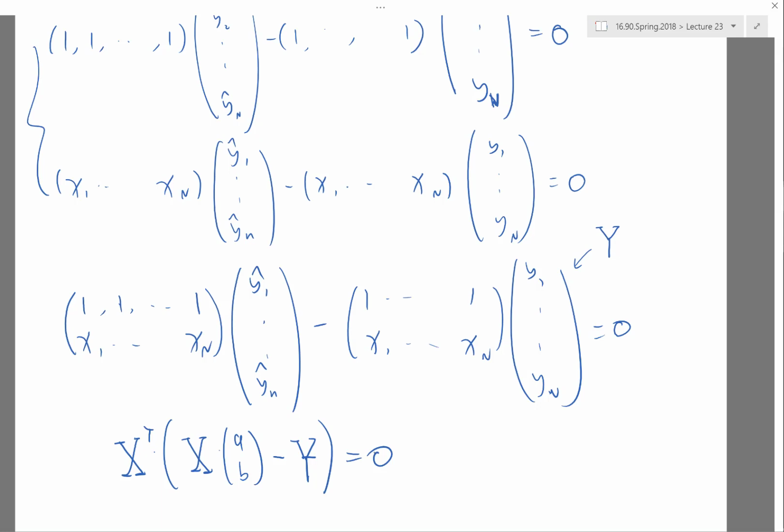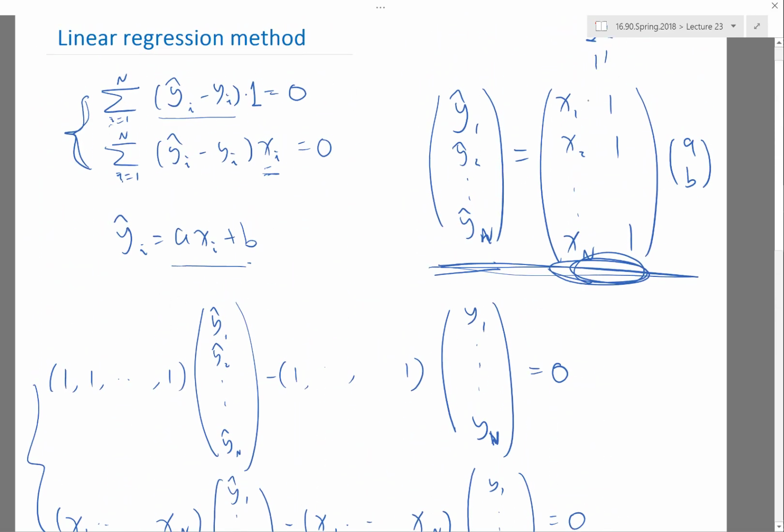All right, so that's a different way to write this linear regression problem. This form makes it a lot easier to program, because in the computer, what I need to do is collect all the data x and y, put them into matrices or vectors, and in the case I have more than one x, I just need to add one more column onto this.